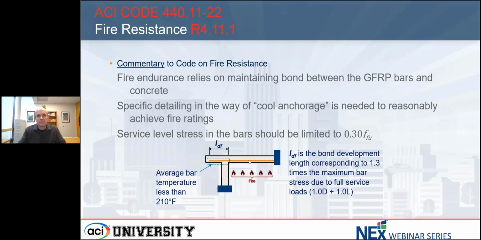So the fibers are going to remain continuous in this bar when they're exposed to fire, and as long as we can keep it anchored, we can still get fairly reasonable fire ratings out of these structures. So a lot of the commentary language is really built around maintaining these cool anchorage zones to help protect the reinforcement where it's being developed or where it's being spliced.